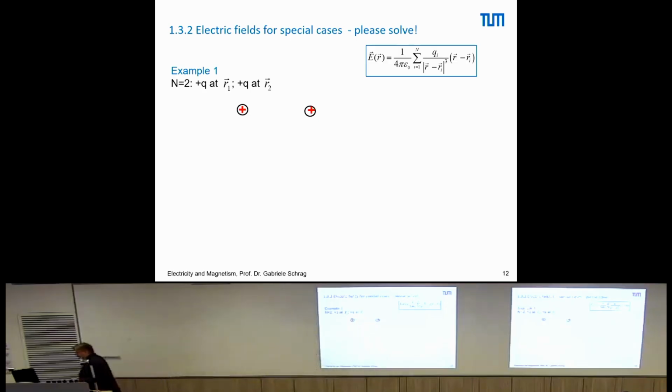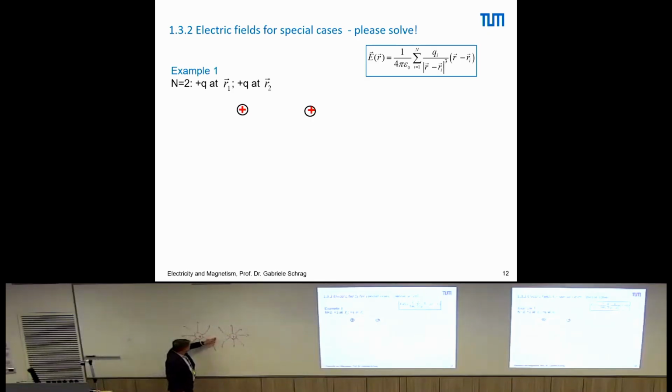Basically, I'm not sure whether I can do it nicely with the mouse here, but the idea is you have both positive charges. Originally we said they go out in all directions. But if here is a second charge, you will have a bending of these field lines, because in the end, they repel.